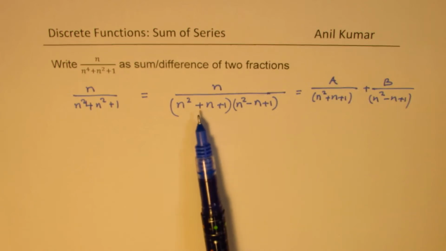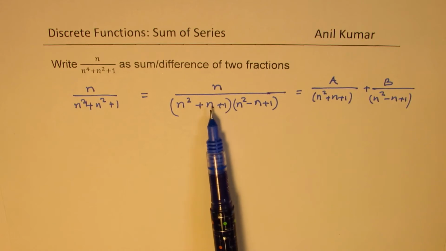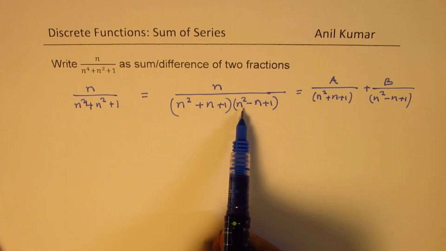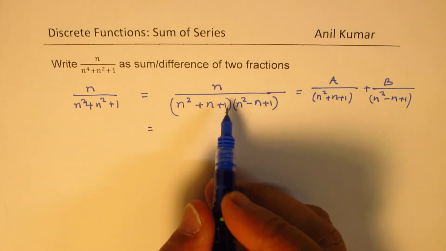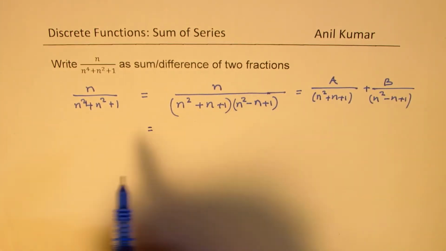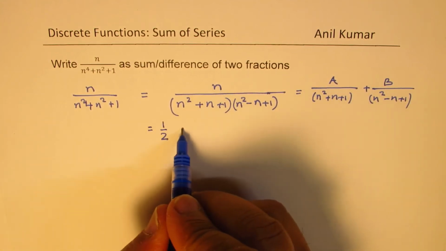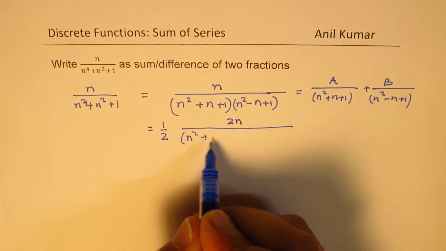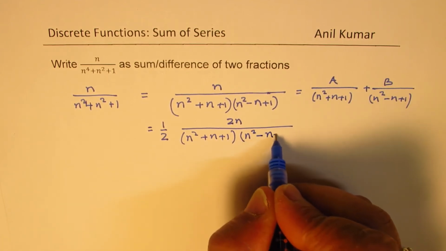But if you subtract, then n square plus 1 and n square plus 1 cancel and we get 2n in the numerator. So subtraction of these gives you 2n. That gives us an idea that we could actually write this as something like this: half of 2n over n square plus n plus 1 times n square minus n plus 1.